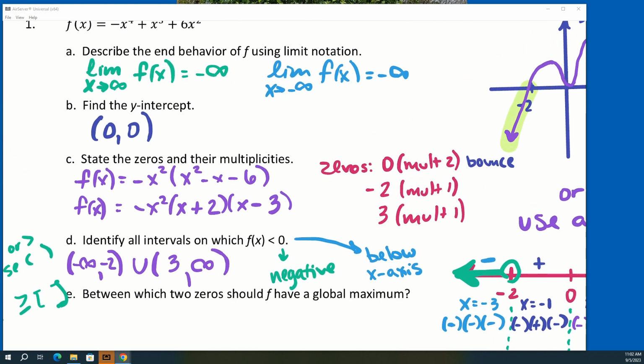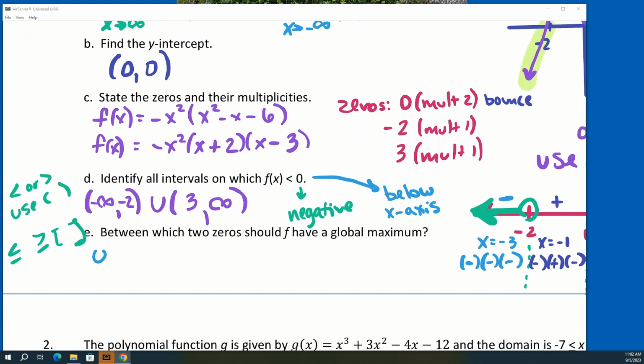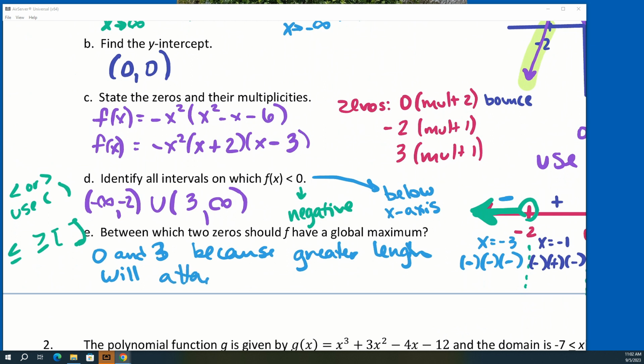Since there's a bigger distance between 0 and 3, the maximum is going to get a greater height, because a greater length gives or will attain a greater height.